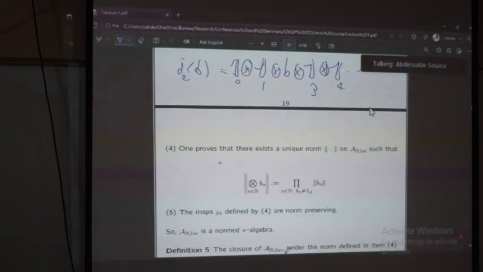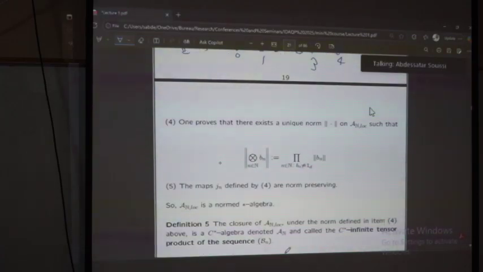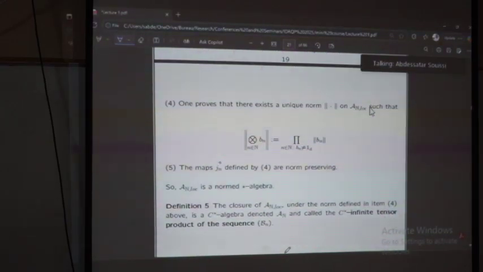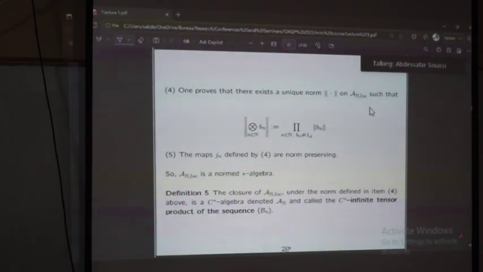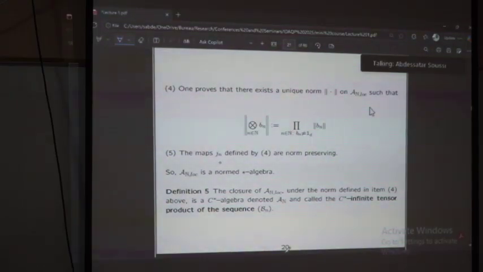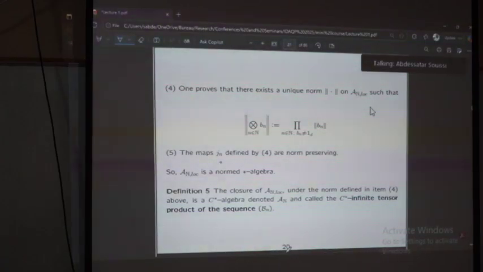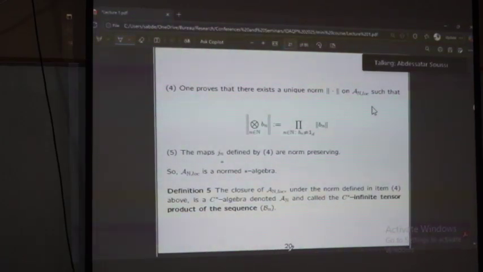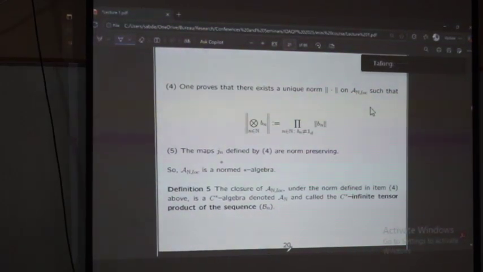Now for the norm, the norm of the tensor product of B_n is the product of the norms, where of course almost all of the B_n should equal 1.